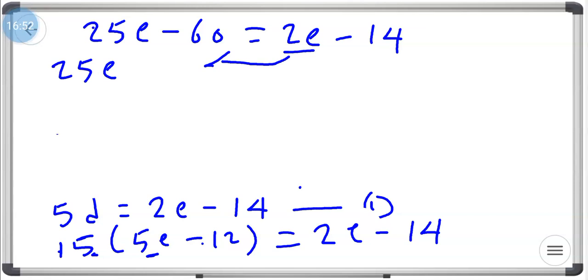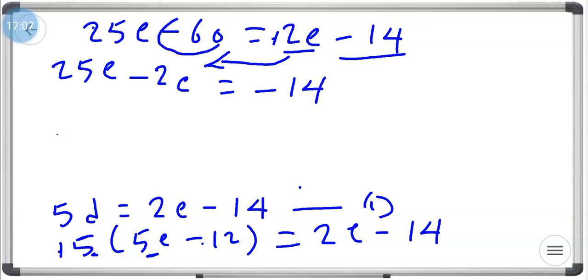Here it has invisible addition, so it changes to minus 2e. Minus 2e equals, what do we have left here? We have minus 14. And if my minus 60 here crosses the equal sign to this side, it changes to plus 60.